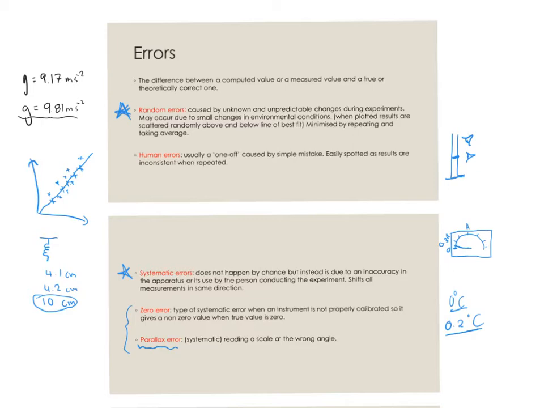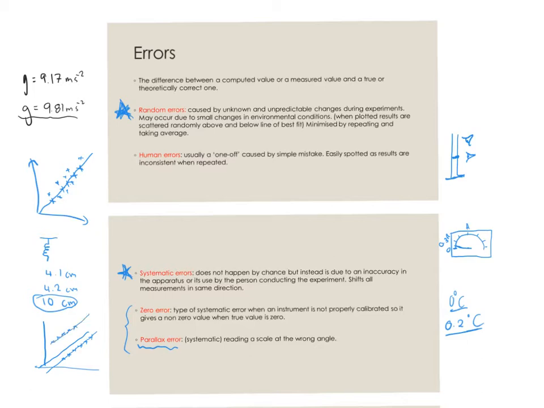But just to summarize very quickly, random errors are quite unpredictable. We can't usually narrow down where they come from, whereas with systematic errors, we can narrow it down, and it will also appear in your results in a graphical experiment. So for example, if the line is supposed to go through the origin, if you don't have any random error, it will instead shift either up or down.